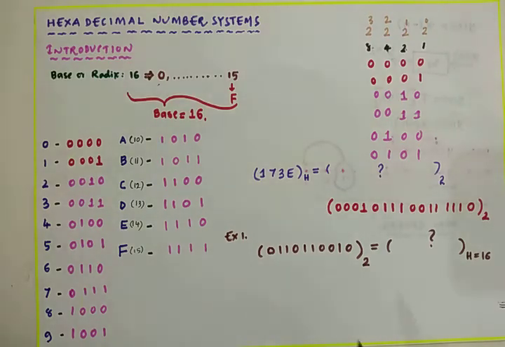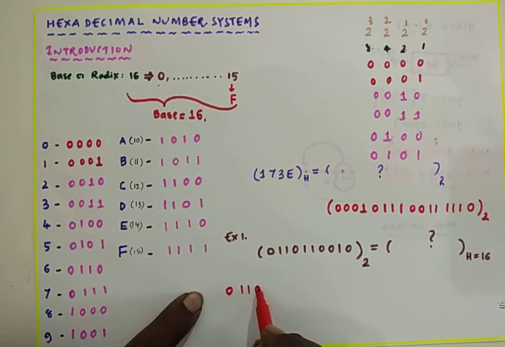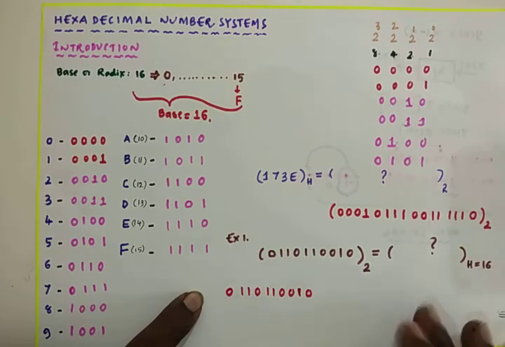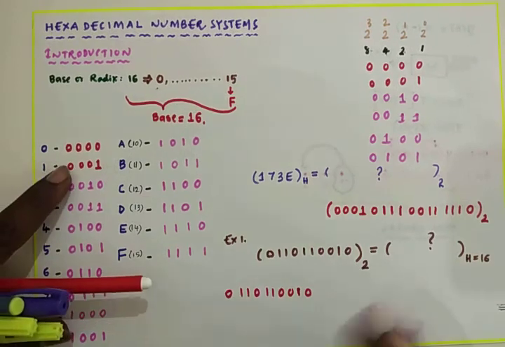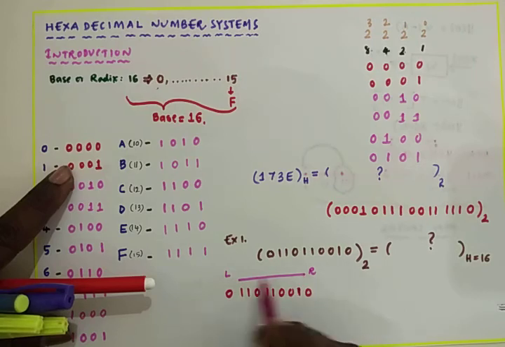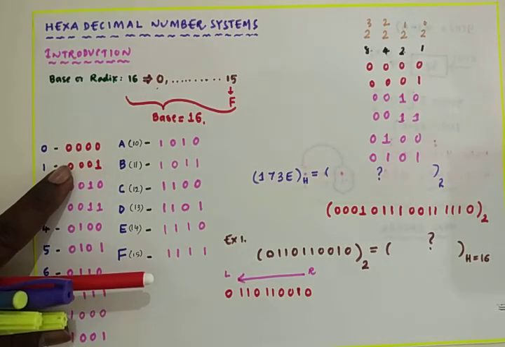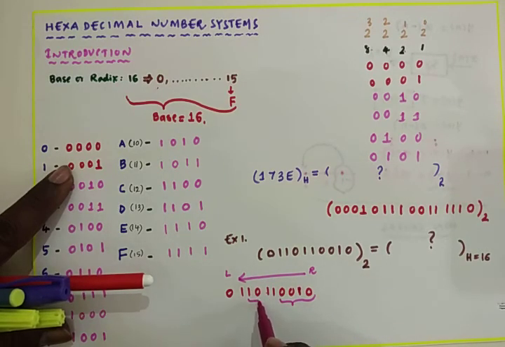First take that number, 0 1 1 0 1 1 0 1 0. This is the given question. From the right-hand side to the left-hand side, divide the given number into groups of 4 bits. 1 2 3 4, this is one group. 1 2 3 4, this is another group.